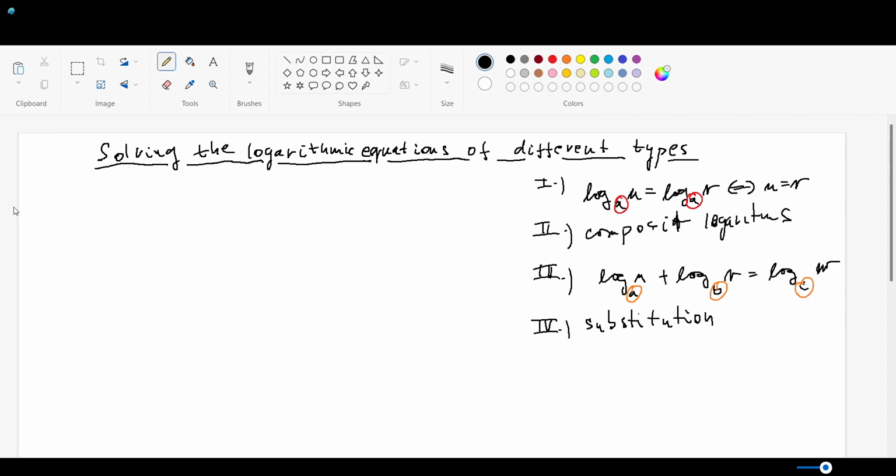For this purpose I have chosen the equation 2 times logarithm base 2 of x minus 3, take away logarithm base 1 over 2 of x minus 3, is equal to 12 minus 2 times logarithm base 4 of x minus 3.